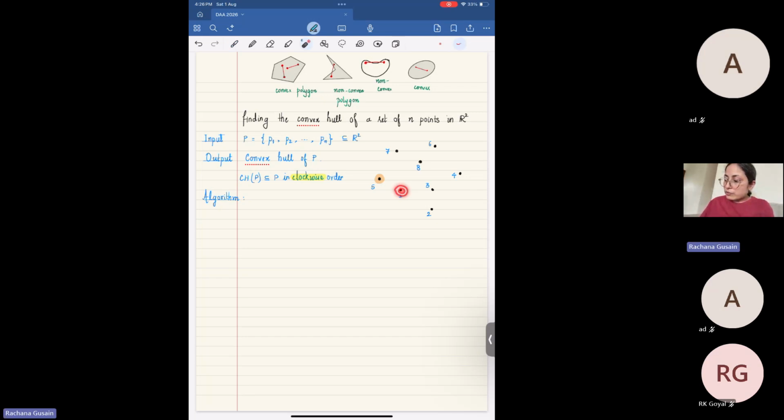So first of all, you scanned the entire array and you were looking for the point which has the minimum x coordinate. So that is point number 5. You select that point. Now I want to find the next leftmost point. So if I'm standing here and I'm looking at all the points, which is the next leftmost point?